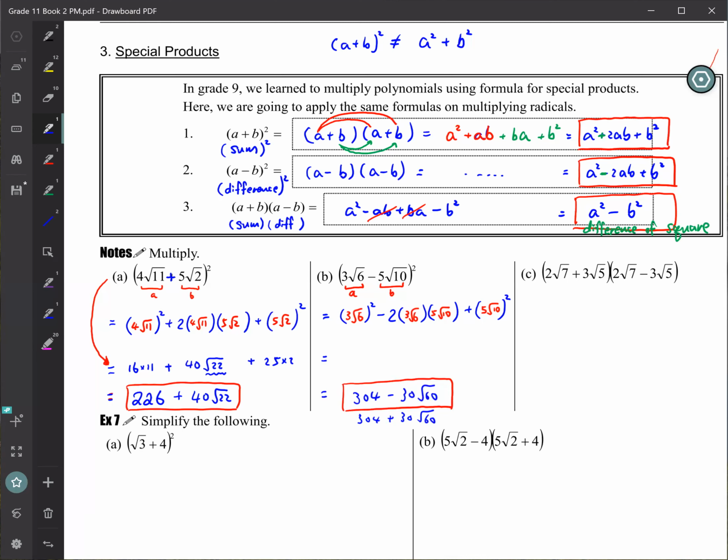Oh, wait, but if you simplify it, like if I do the prime factorization, then both the numbers go into pairs, so there's nothing inside the root anymore. So what's your final answer? I got the same thing as Chris, the minus 30 root 60.